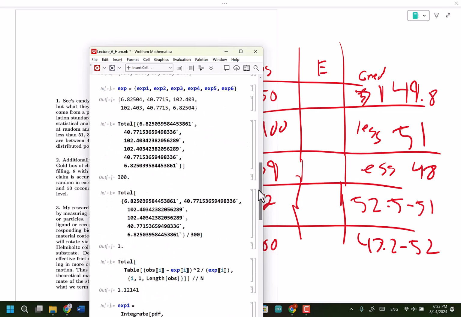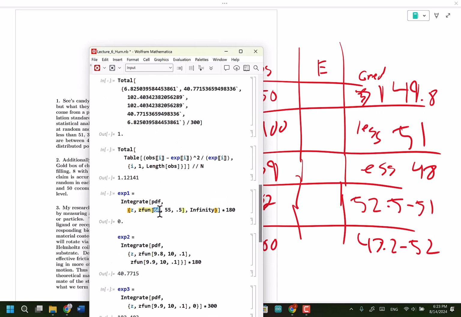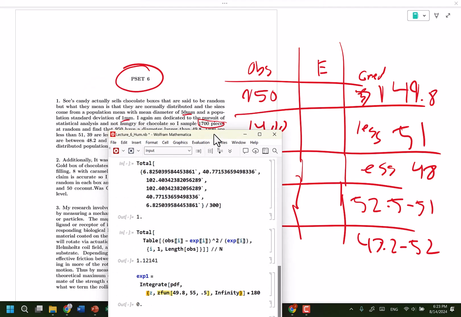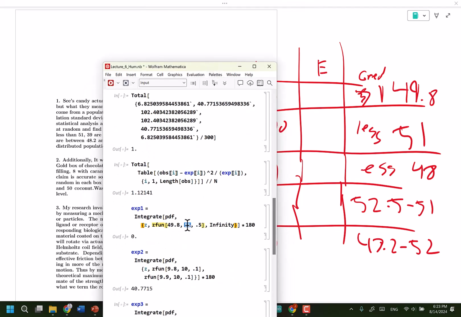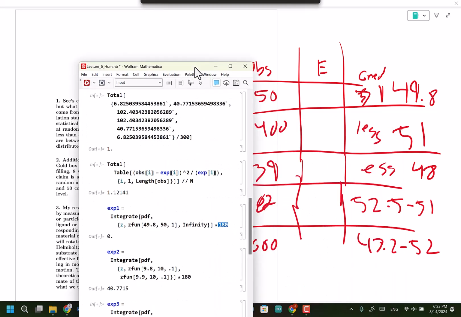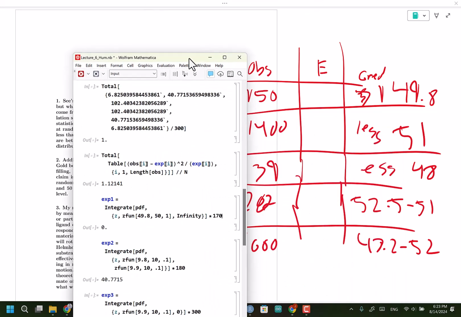Our x is 49.8, and then our mean is 50 and 1. So we're saying we should expect that many, and our total is 1,700. So this should be the number that we expect that is greater than 49.8.